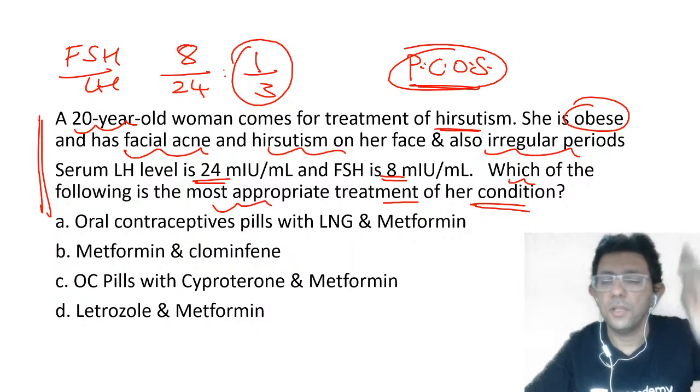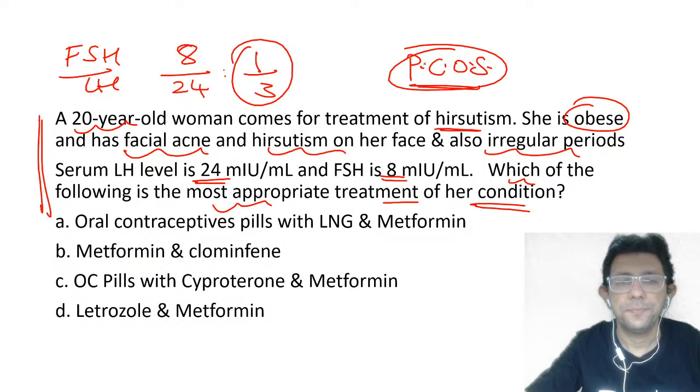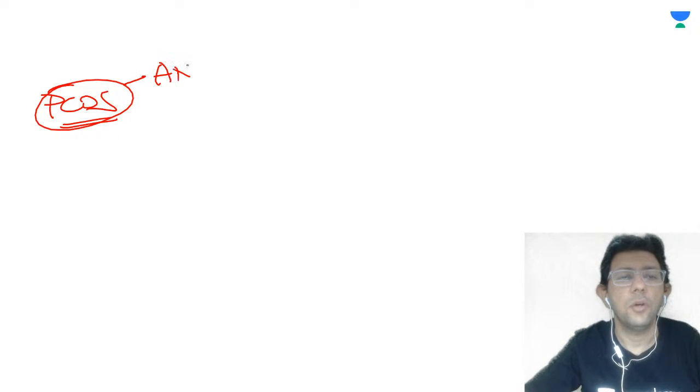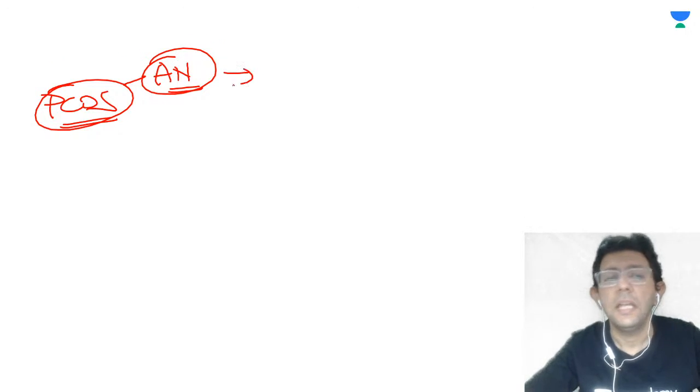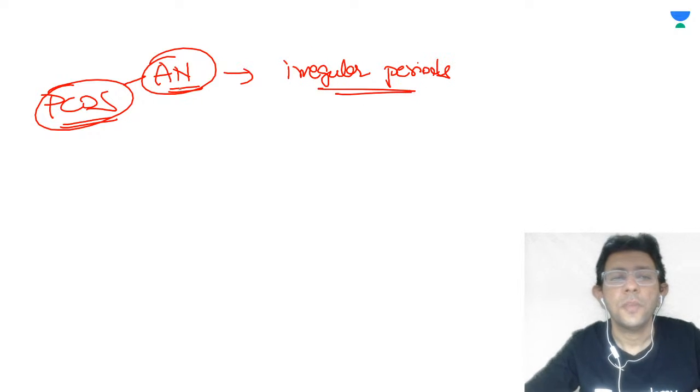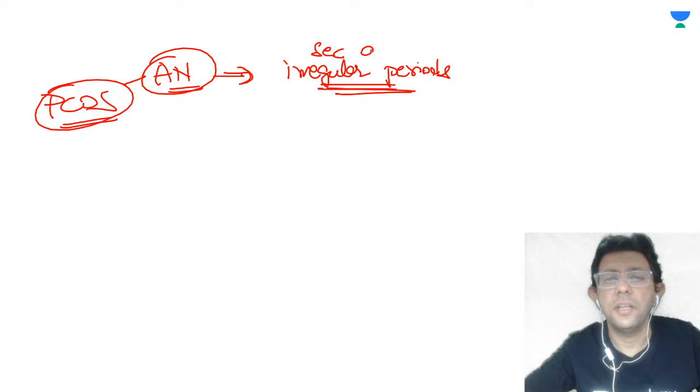So this is a patient having PCOS as your diagnosis from the history. Why from the history? Because in PCOS, polycystic ovarian syndrome, there would be anovulation. The patient would not be ovulating properly, so anovulation will give rise to irregular periods. In my actual classes we have explained why anovulation leads to irregular periods and secondary amenorrhea.